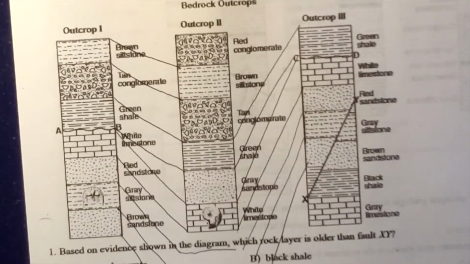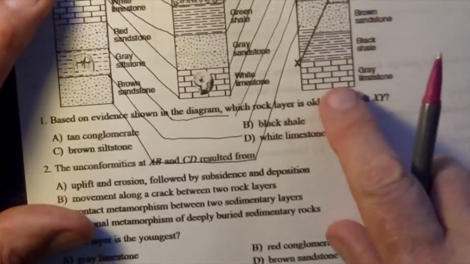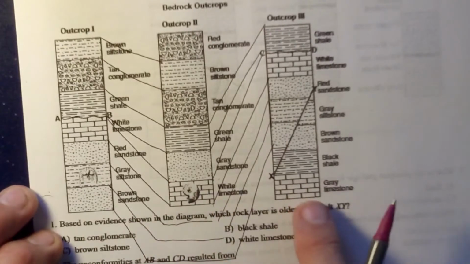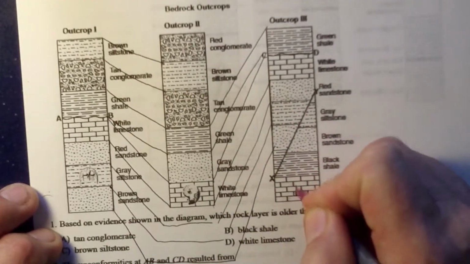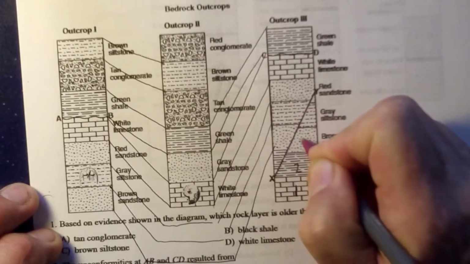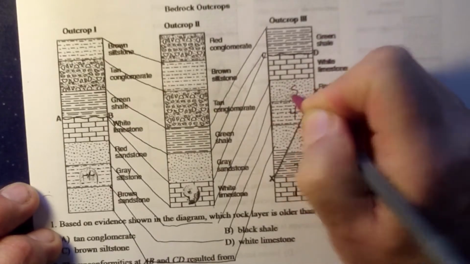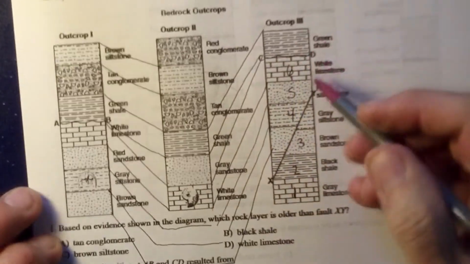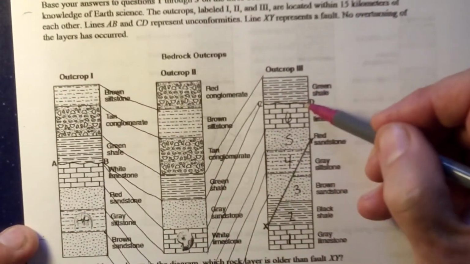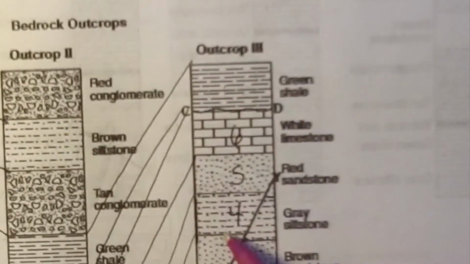Now, if I wanted to order this, I could figure out which layer is at the very bottom. It turns out the layer that's at the very bottom of all of these would be the gray limestone. So this would be number 1, this would be 2, this would be 3, this would be 4, this would be 5, this would be 6. Now, because I have this unconformity here, I'm going to stop labeling things, but here's what I can do.